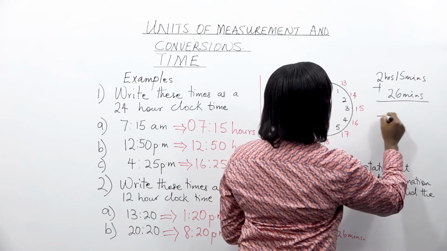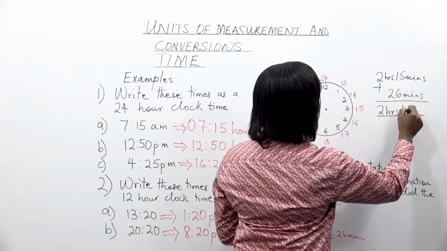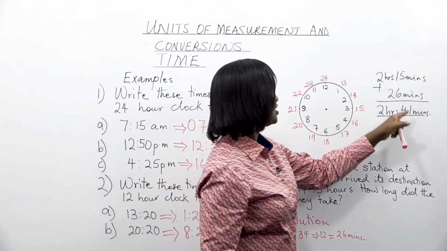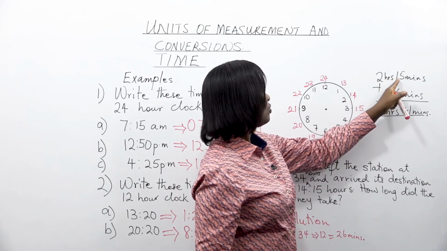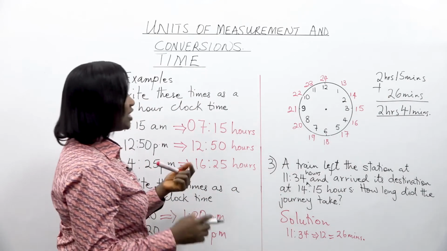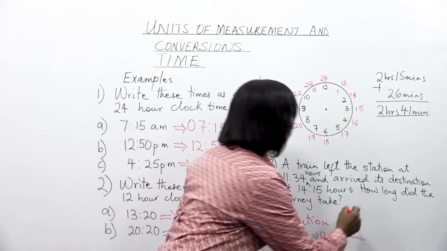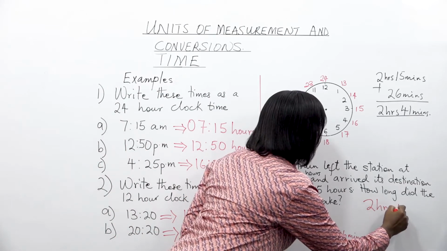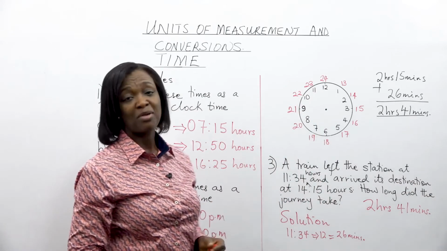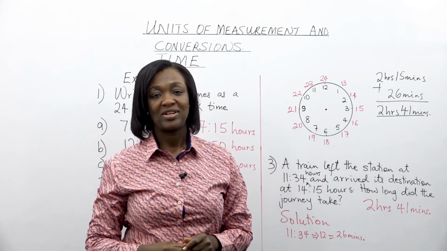So that will give us 2 hours, 41 minutes, because 5 plus 6 is 11, and 1 plus 2 is 3, plus 1, that is 4. So the total time taken for that journey will be 2 hours, 41 minutes. For more examples, get a copy of Brilliant Maths Module 1.